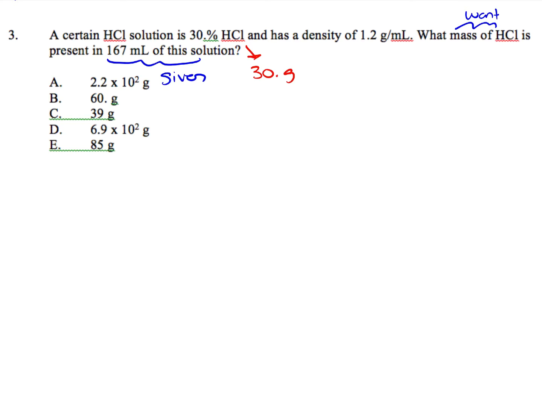If you need a volume, you can do 30 mils of HCl per 100 mils of solution. Okay, we have that conversion factor. Also, the density is a conversion factor, and this is the solution density.